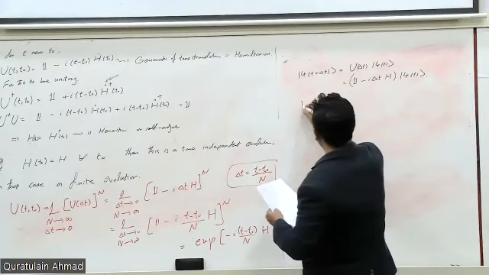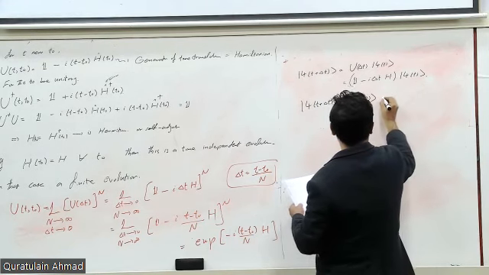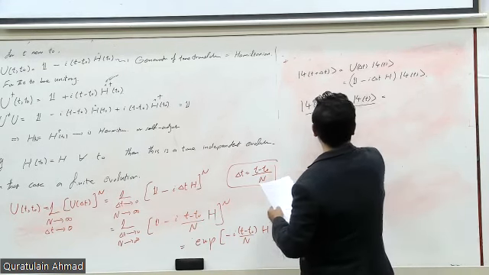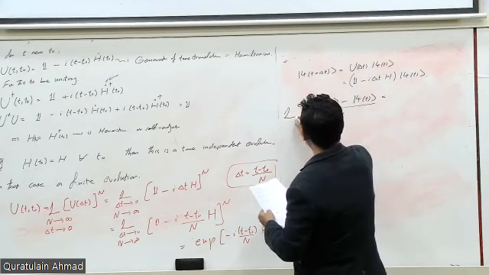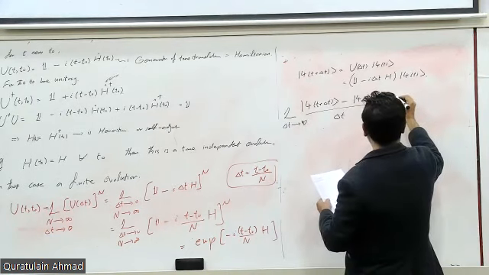So I bring it here, and divide by delta t, take the limit.